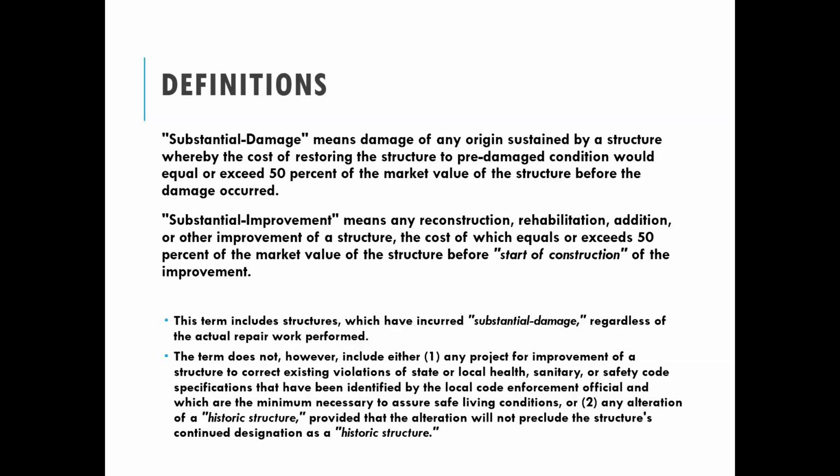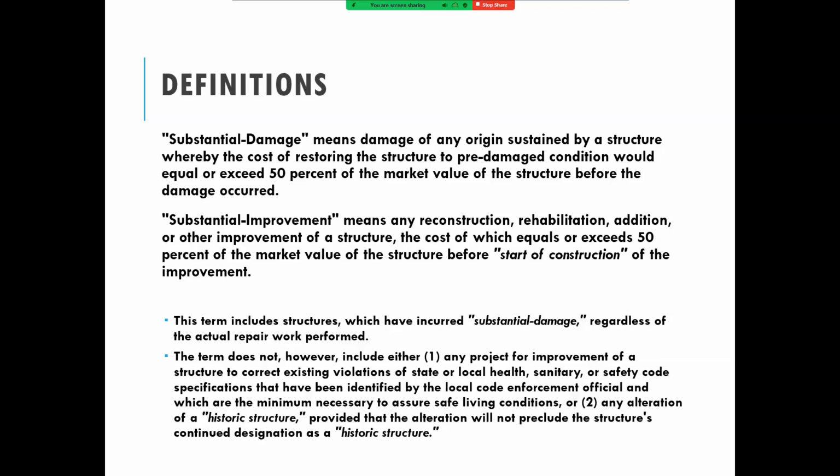So they are kind of two sides of the same coin. And it does clarify there before the start of construction or the pre-damage values. So it's not to a pristine condition, it's to whatever the market value was before it was damaged. And so those are the numbers that we're looking at.